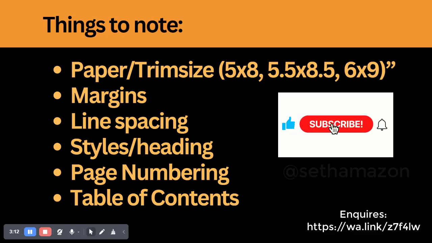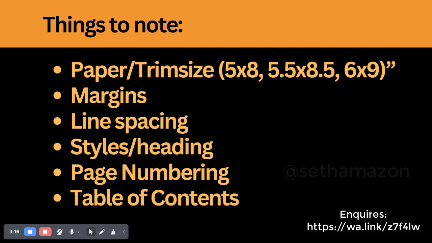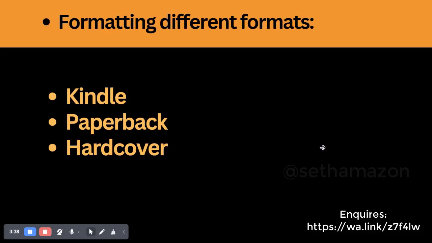But the table of contents is very important to help readers navigate on Kindle, and it's also very important to help readers quickly search through your book to know where to find which topic and what part it is. So these are the things to note for every book you want to format, whether Kindle, paperback, or hardcover. This set of items are highly important to take note of.